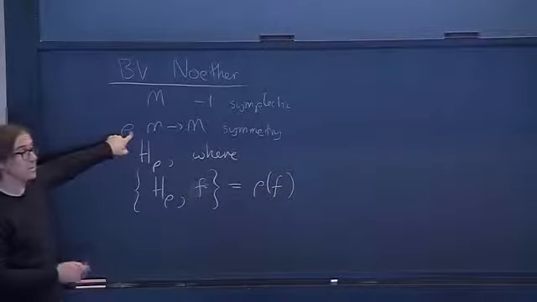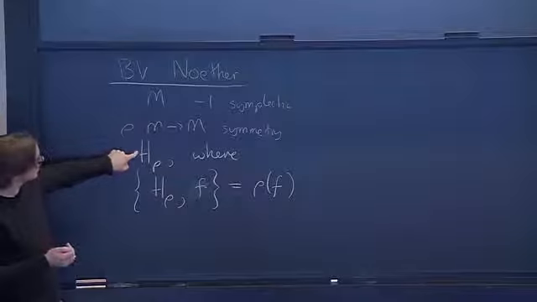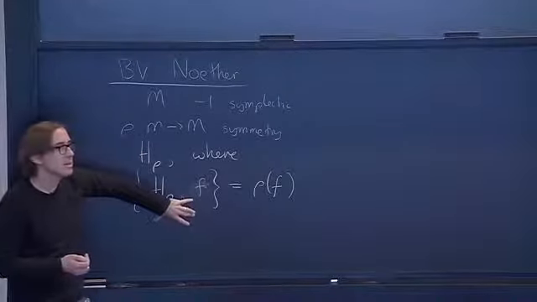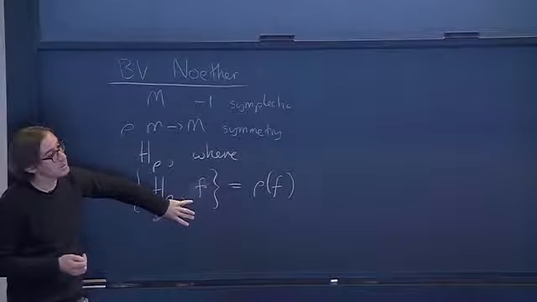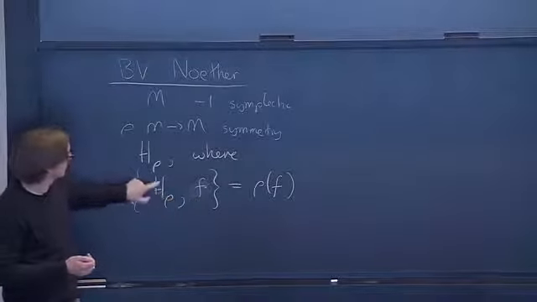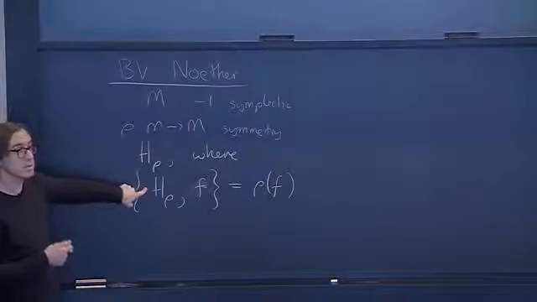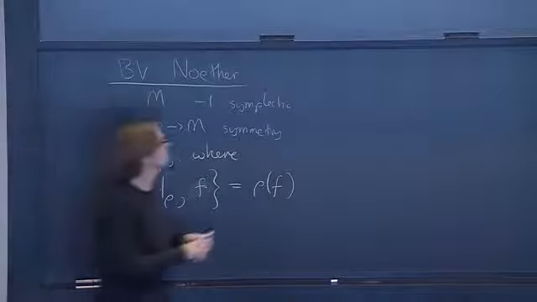If this is a symmetry of degree 0, then what kind of thing must this be? Well, this bracket is of degree 1. So for the degrees to work out, this must be a function of degree -1.